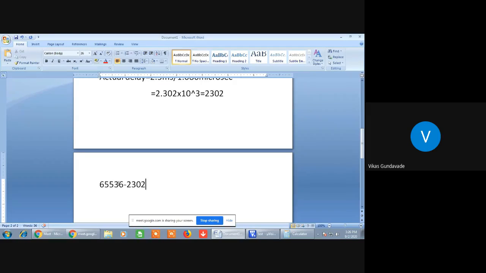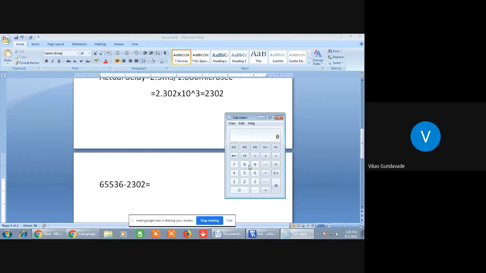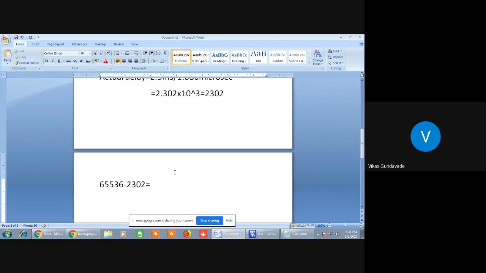So it is 65536 minus 2302, and the result is 63234.